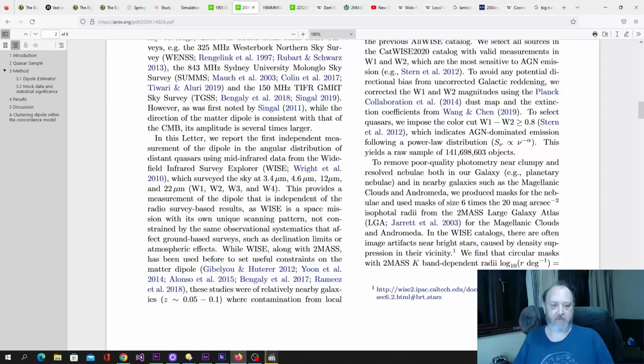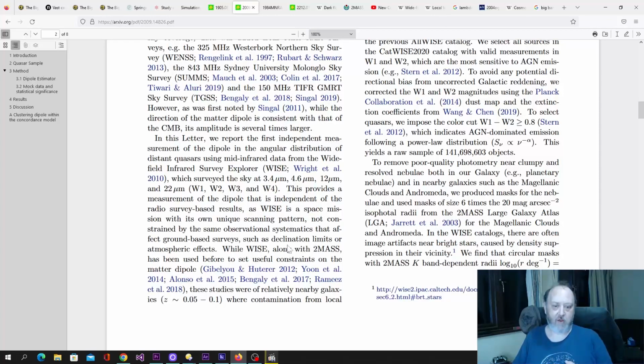This provides a measurement of the dipole that is independent of the radio survey-based results, as WISE is a space mission with its own unique scanning pattern, not constrained by the same observational systematics that affect ground-based surveys, such as declination limits or atmospheric effects.